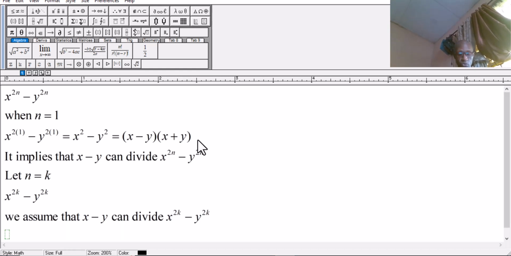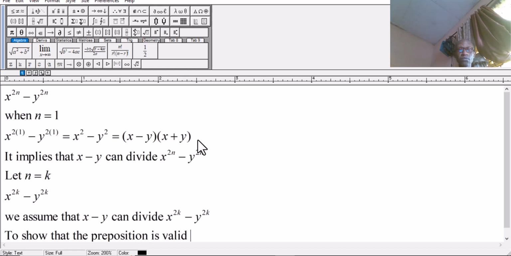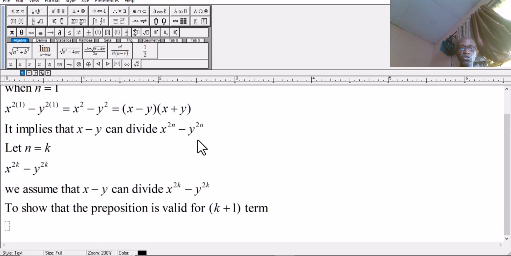Now we want to show that the proposition is valid for the term after k, which is k plus 1.